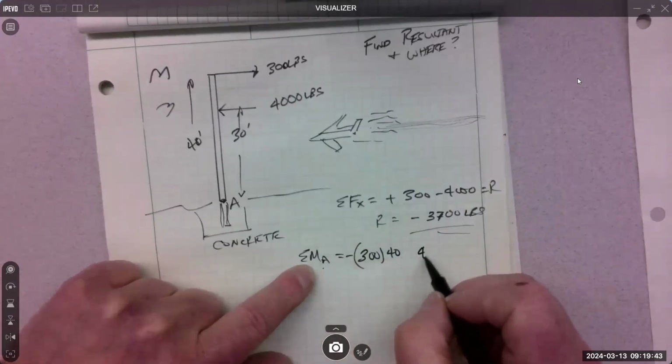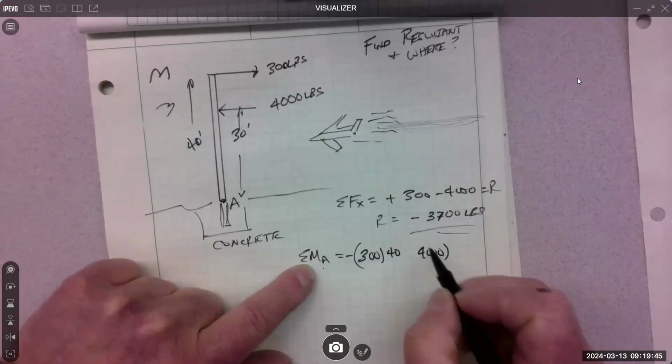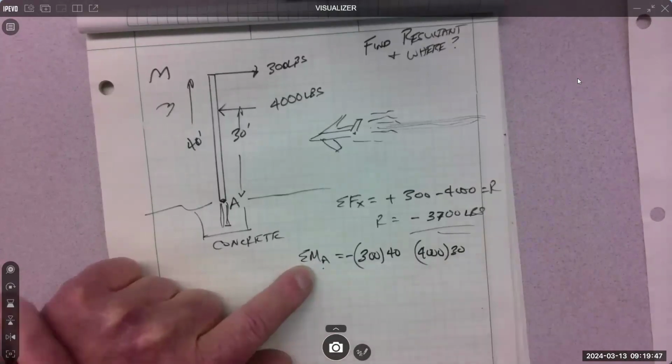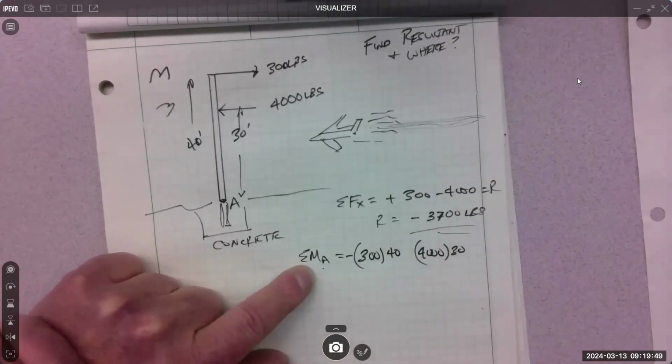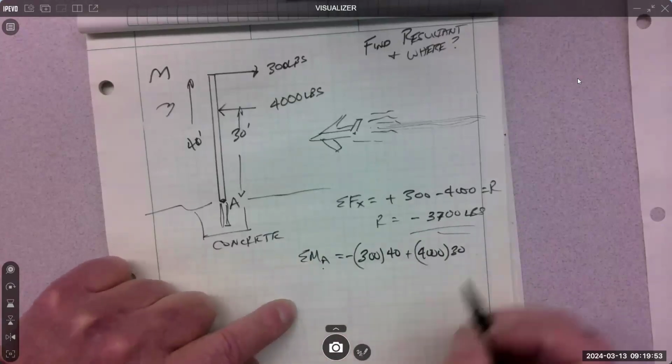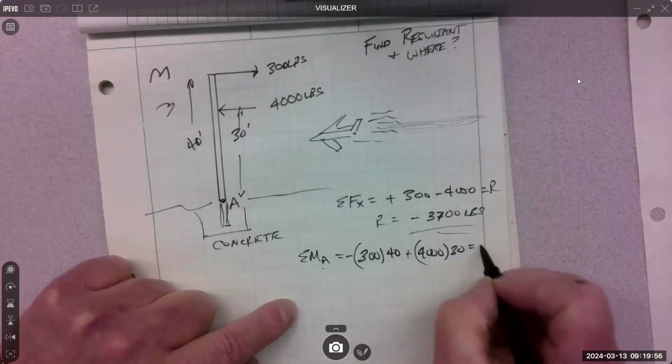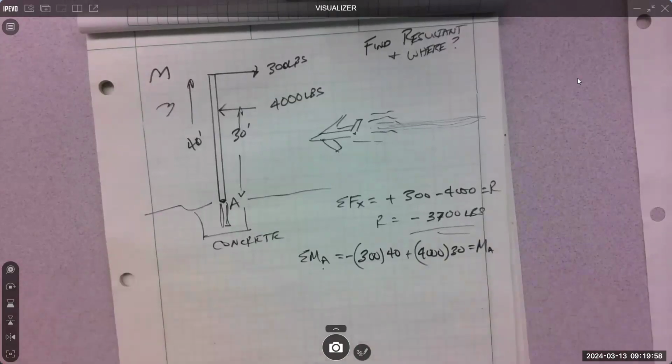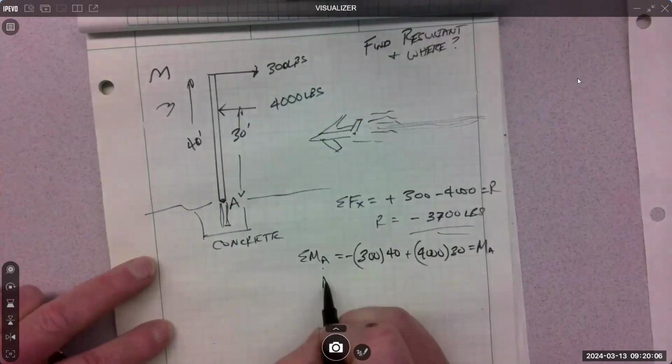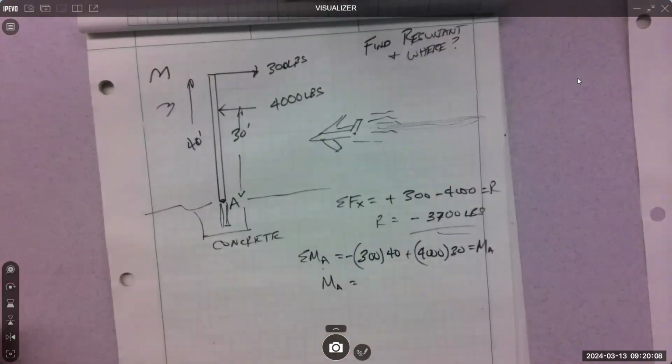And then 4,000 times 30, rotation, positive. That is going to equal the moment at A. So it doesn't equal 0. That's equilibrium. We're not there. We're doing resultants. It equals the moment at A. So what is the moment at A? I have no calculator. I can't tell you.